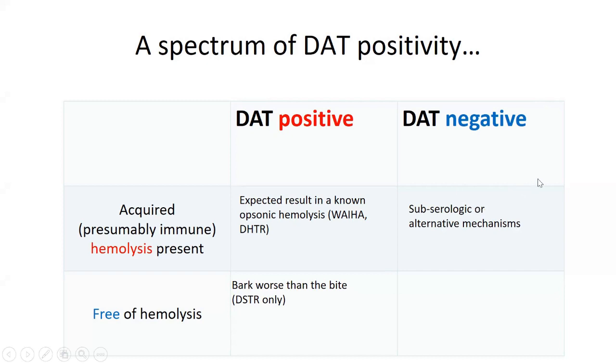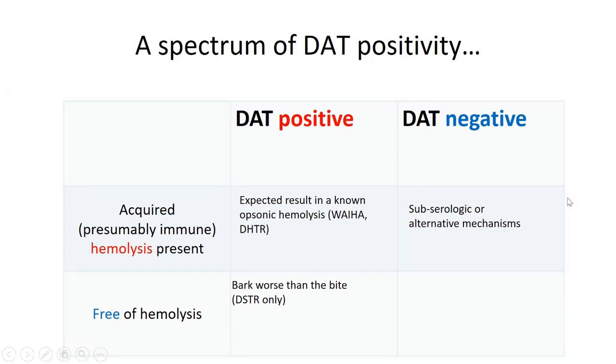We have examples of seronegative hyperhemolysis syndrome or examples of subserologic IgG opsonizations. So you need up to 500 IgG molecules for your DAT to be positive. But if you have 300 IgG molecules, you may end up with the negative DAT and still have quite significant hemolysis.